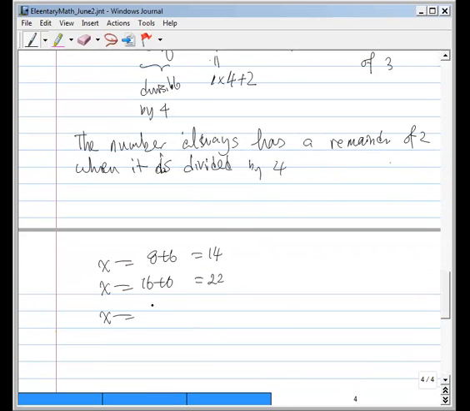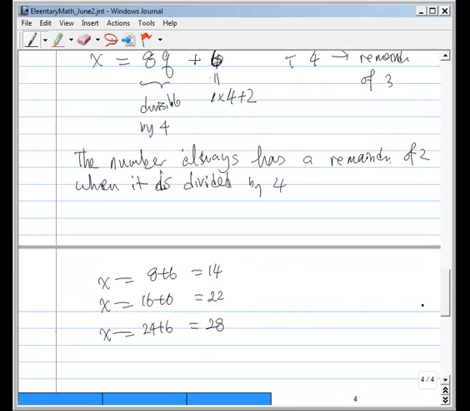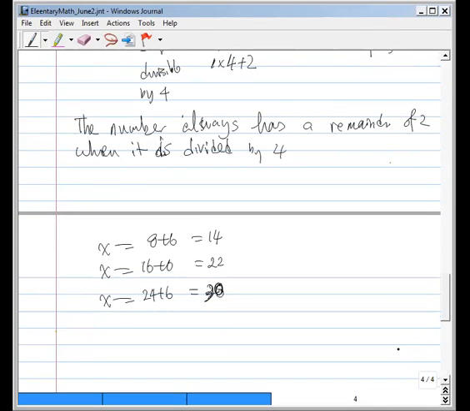And then the next could be 24 plus 6, it's going to be 30. When divided by 4, you always get a remainder of 2, okay?